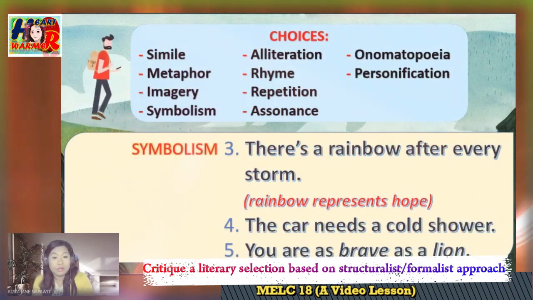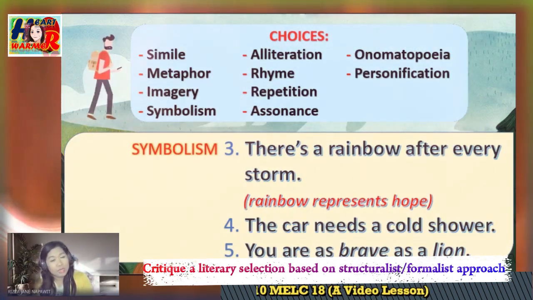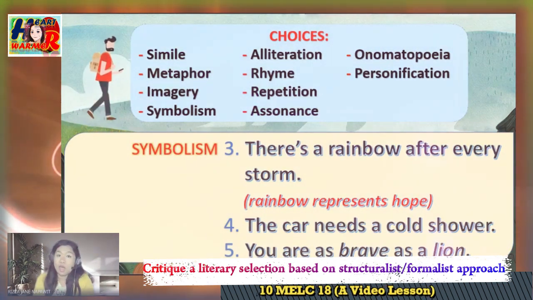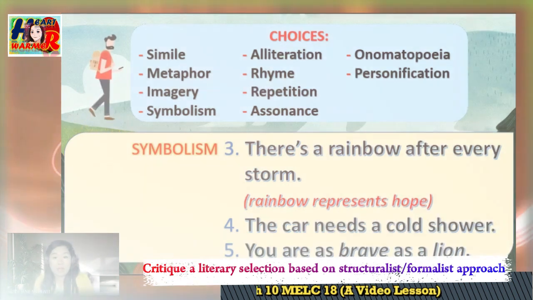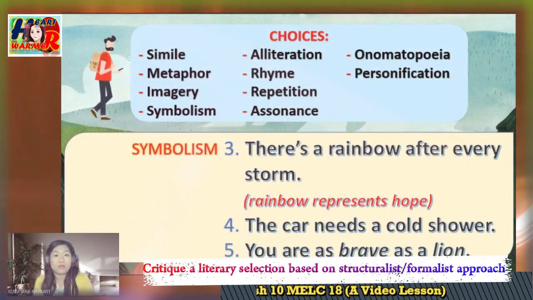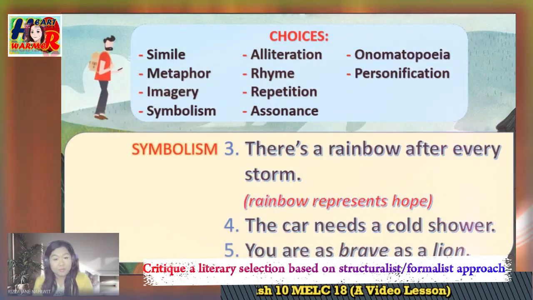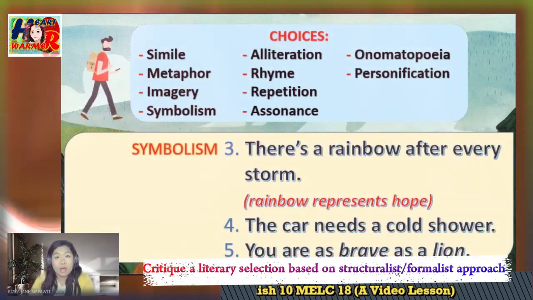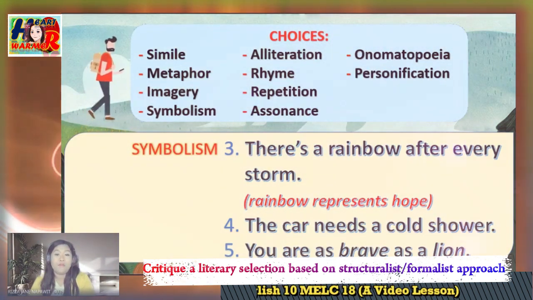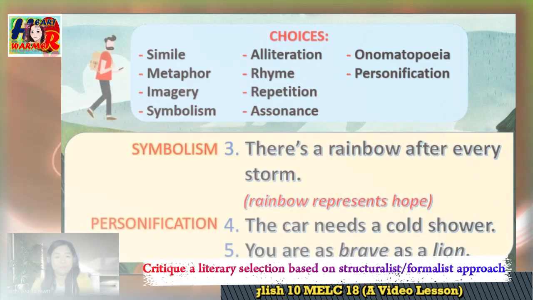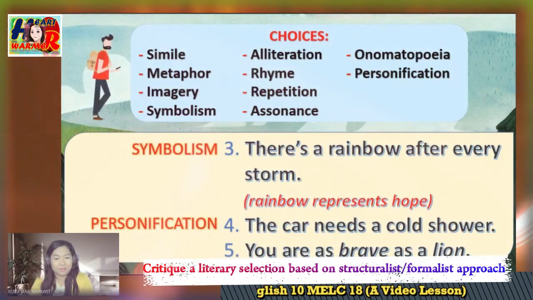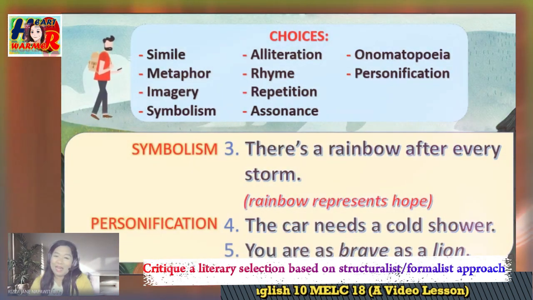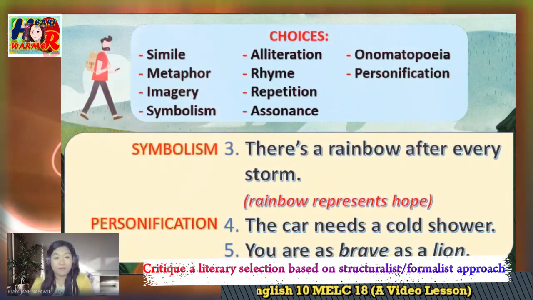The car needs a cold shower. Now naturally, who takes a shower? Because this is referring to persons and a car is not a person, number 4 refers to personification.